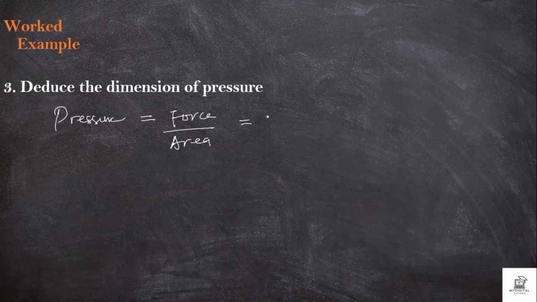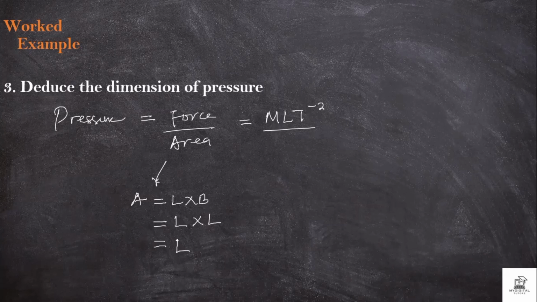Now, having gotten it before, the dimension of force is MLT minus 2 all over the dimension of area. Remember that area A is equal to length times breadth. So what is the dimension of length? It is L. What is the dimension of breadth? It is also L. It implies that the dimension of area is L squared.